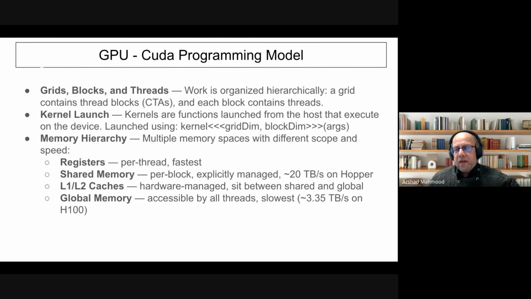So let's say you did a grid dimension of 10 and a block dimension of 10. Because the grid dimension is 10, you're going to start 10 blocks, and because your block dimension is 10, each one of those blocks will have 10 threads. So finally, on your GPU, you'll have 100 threads.